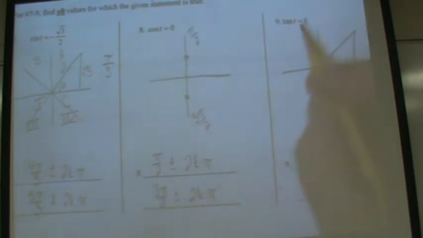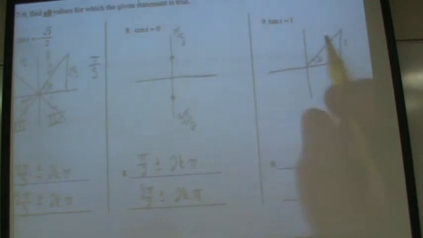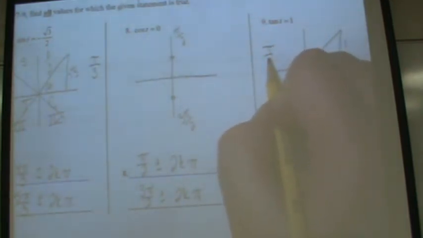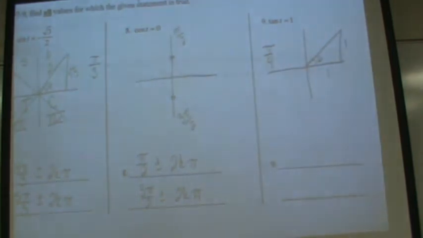And then number 9 is tangent of t equals 1. So again, you want to draw your axis, you want to draw your angle. And tangent we know is opposite over adjacent, so that's 1 over 1. So automatically you should be thinking that this is a 45-degree angle or a pi over 4 angle.